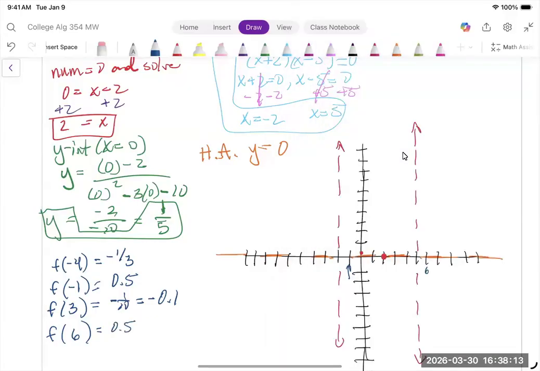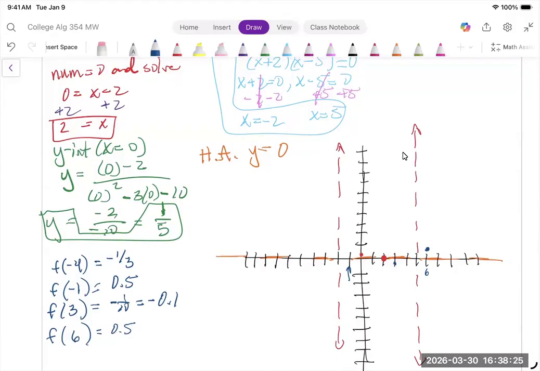So 0.5 is here, 3 is here, and -4 is -1/3. So let's call it there. I think that's all I need.